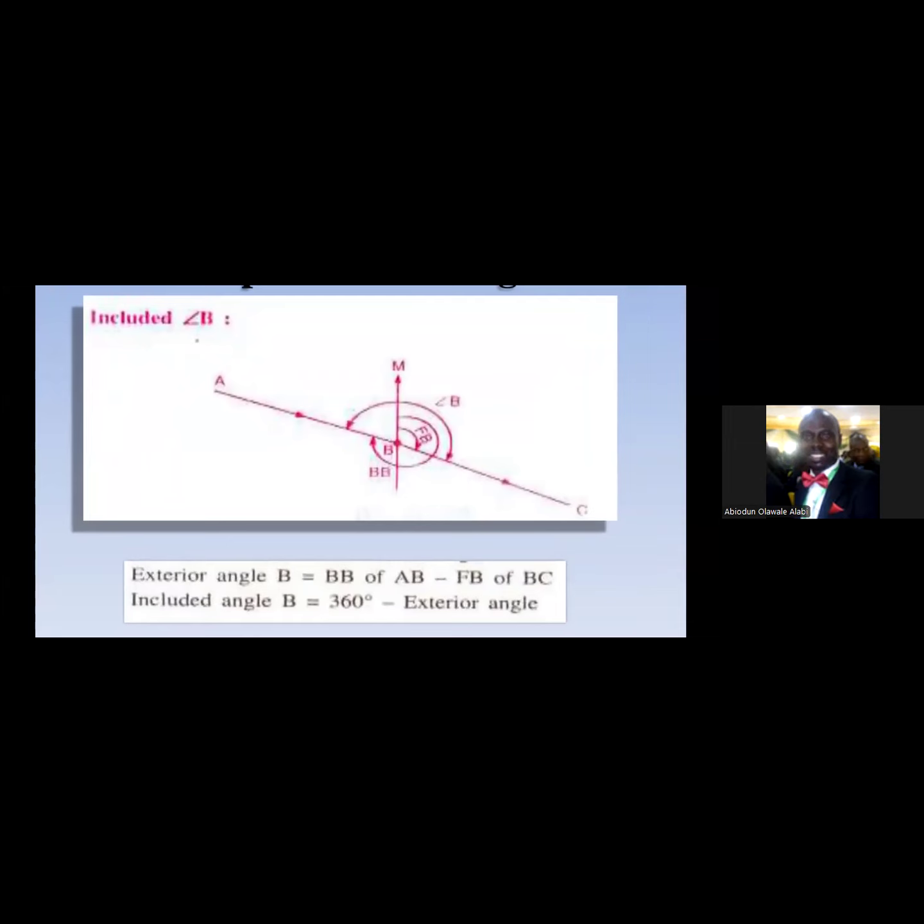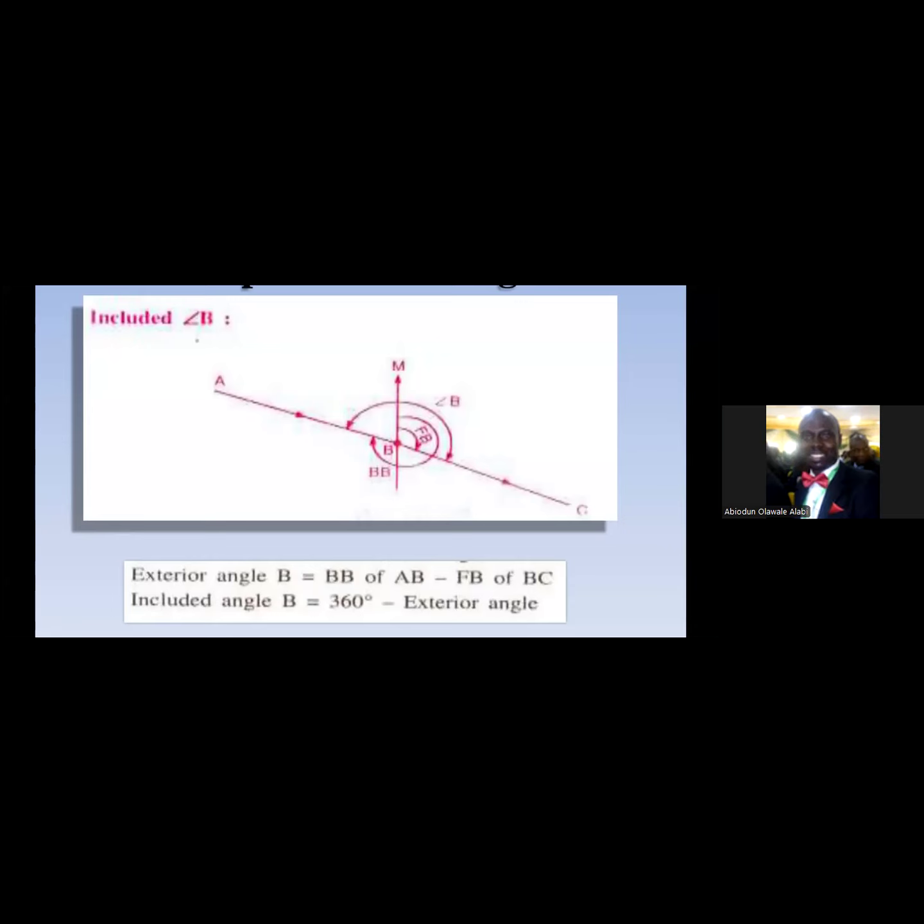So if you look at the exterior angle B, as you can see in the diagram, it is equal to the back bearing of AB minus the forward bearing of BC. So that will give you the exterior angle of B.